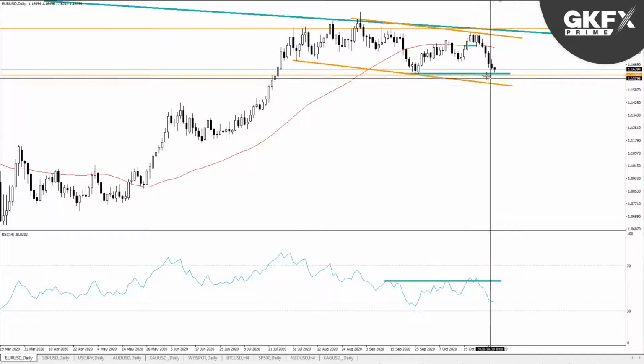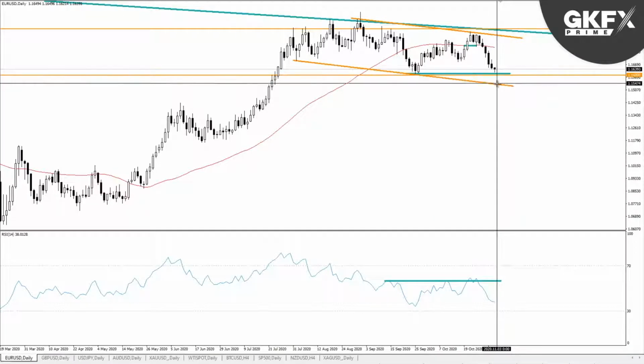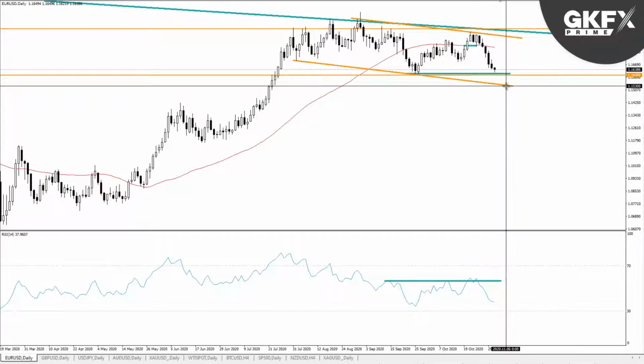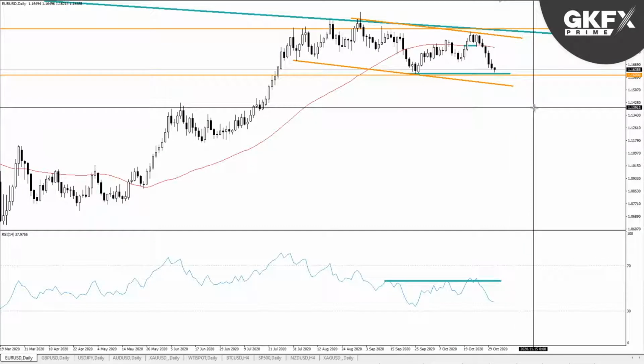So potentially what we're in for is just another slight drop. That would take us down to about 115.40 depending on how quickly we get there, maybe 115.30, and then potentially we could rebound within the channel. Obviously a lot of this is the dollar and how things pan out with the US election. We'll obviously know what happens there by early Wednesday.